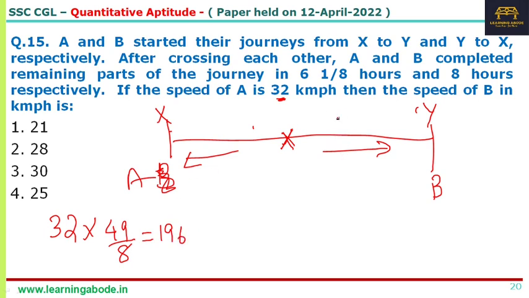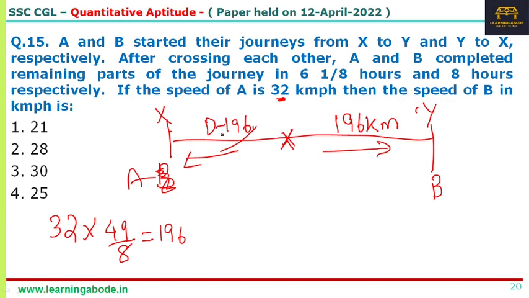After meeting, A is traveling 196 kilometers. Now the question is about the speed of B. The remaining distance, D minus 196, B is traveling in 8 hours.